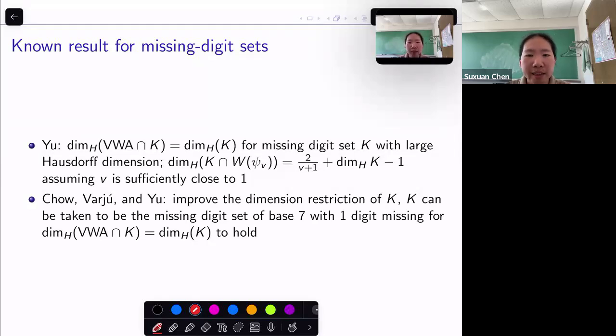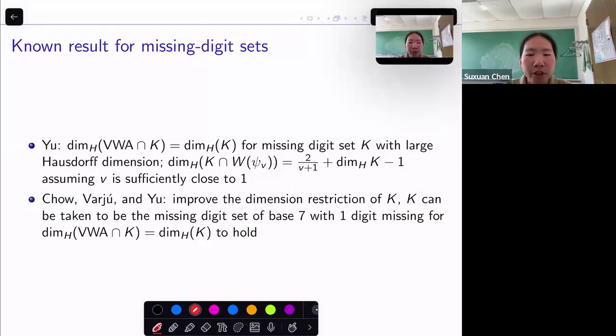And also, he has some progress on the second conjecture. The Hausdorff dimension of K intersect with W psi v is equal to the conjectured value if v is sufficiently close to 1, and also K has large Hausdorff dimension.